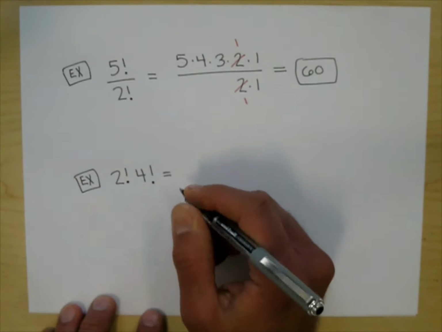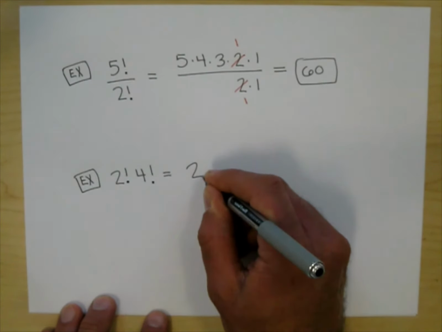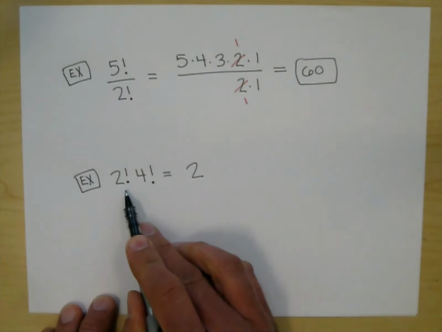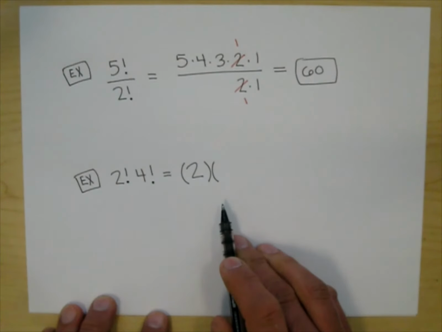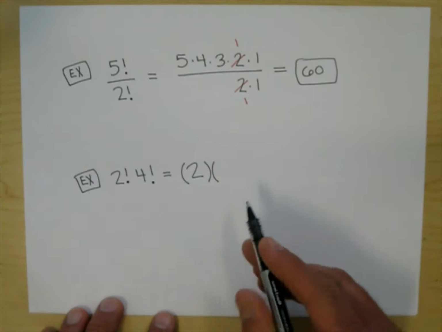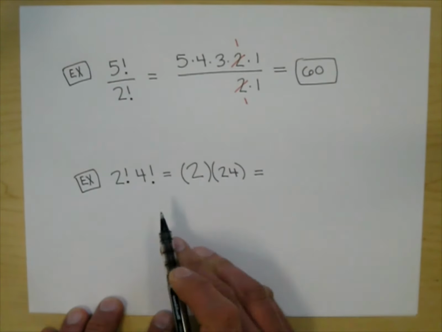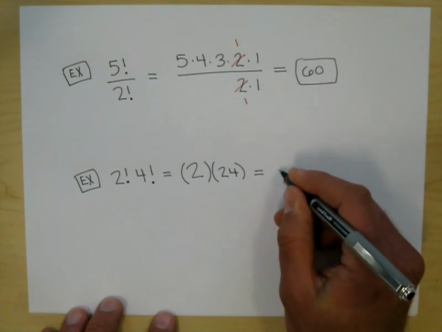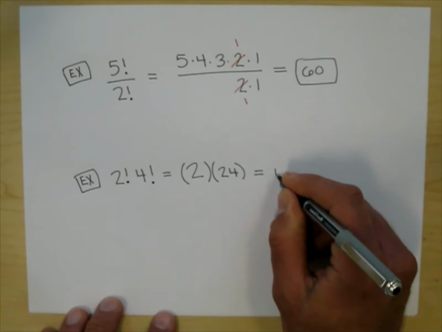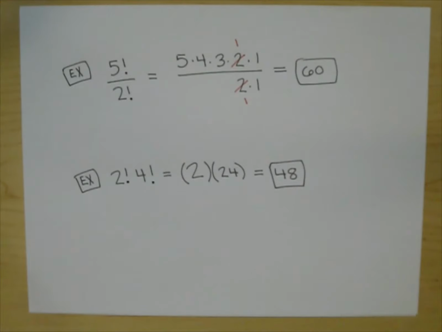So 2 factorial is 2 times 1, which is 2. And 4 factorial, well, that's 4 times 3 times 2 times 1. That was our original movie theater problem, and that was 24. So you do your factorials first, and then you multiply. We have 24 times 2, which is 48. And that gives us the answer.